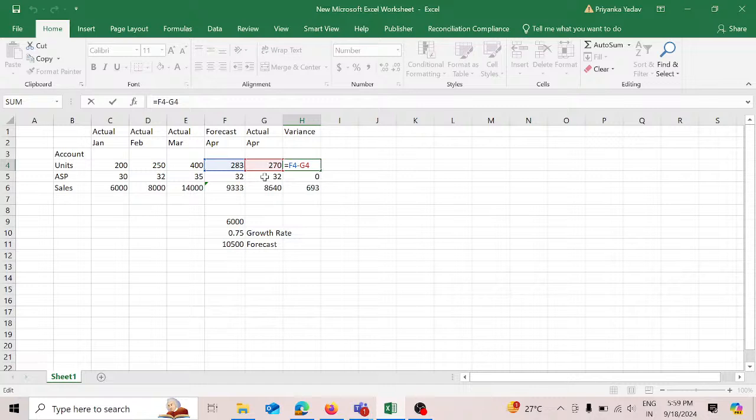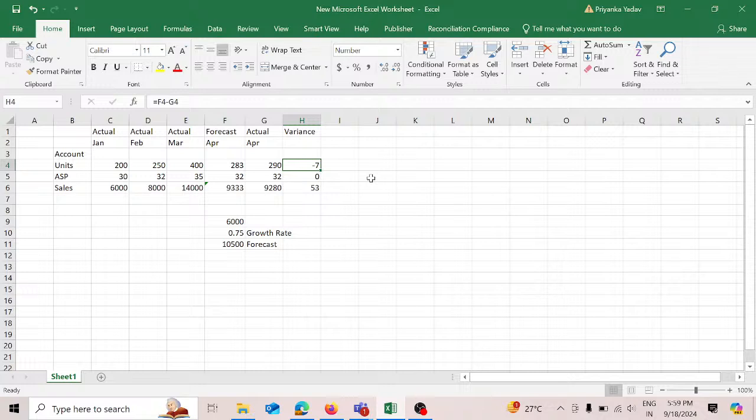What we were expecting was that in the month of April the sale would have been 283 units, but actually it happened to be 270 units, which is less. Had it been, let's suppose, 290, then the variance would be negative.